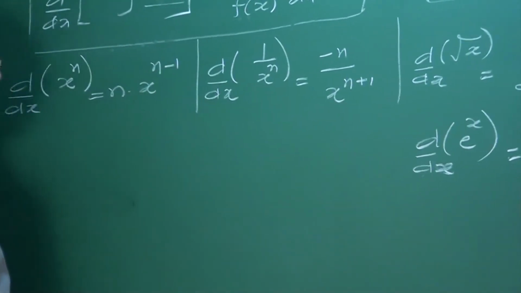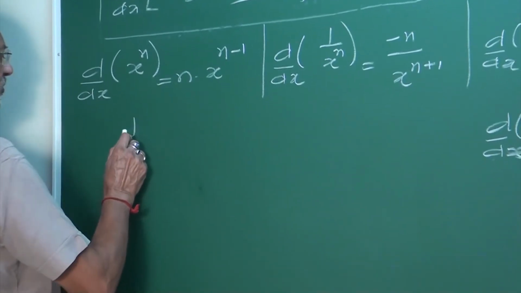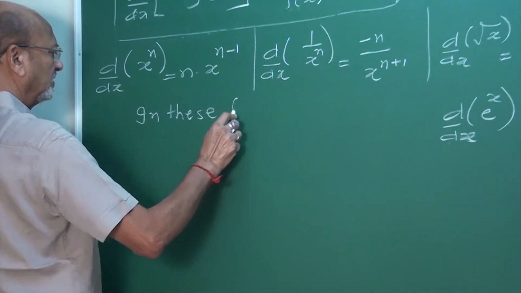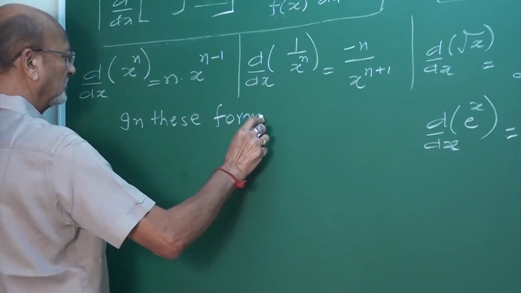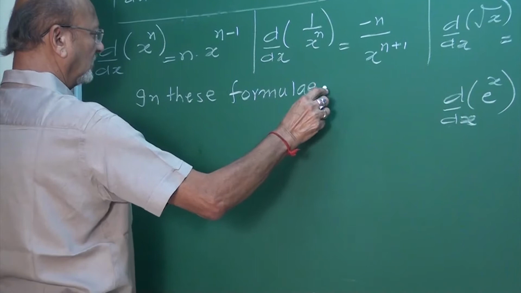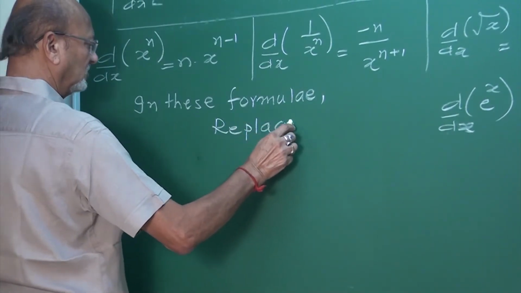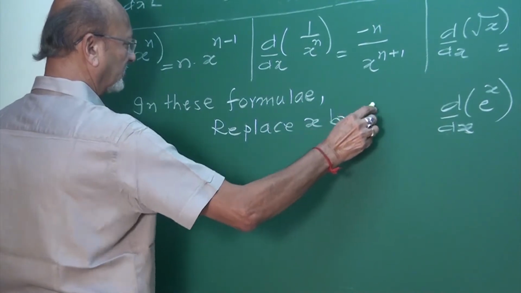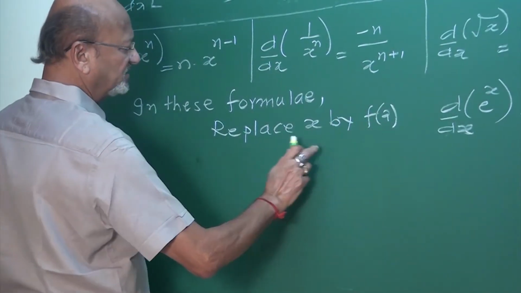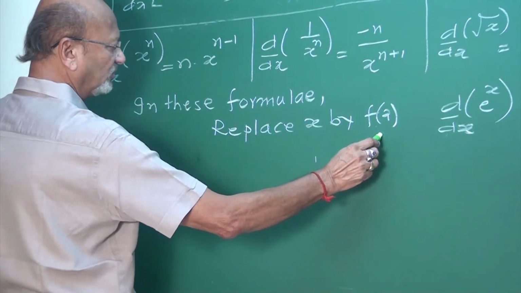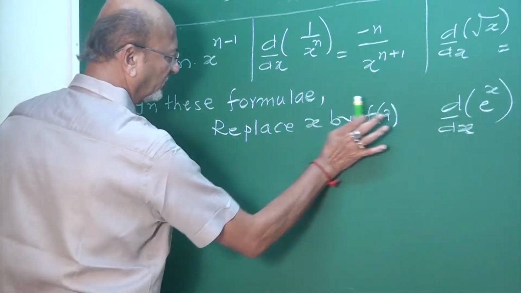In these formulae, replace your x by f(x). When you are replacing x by f(x), the derivative of x is 1 as it is, but since it is other than x, you have to write its derivative. Yes, my friend.